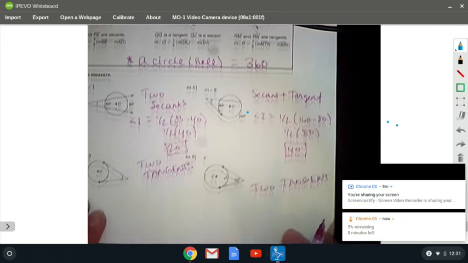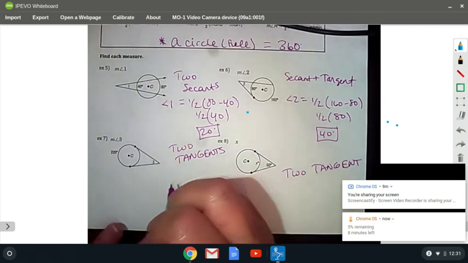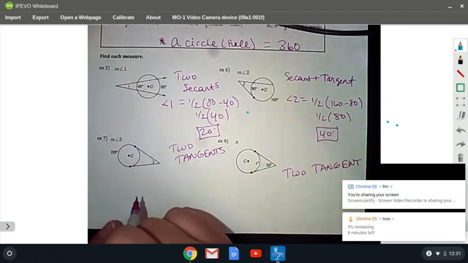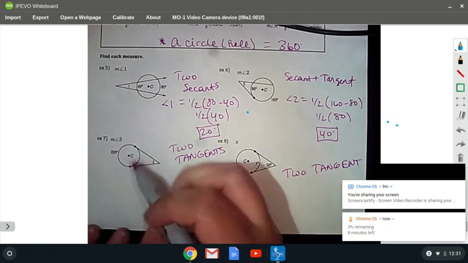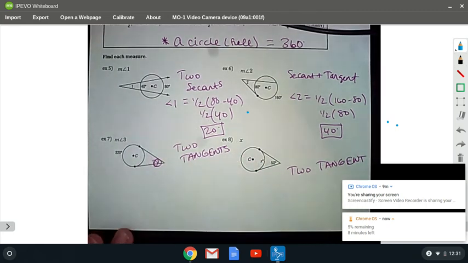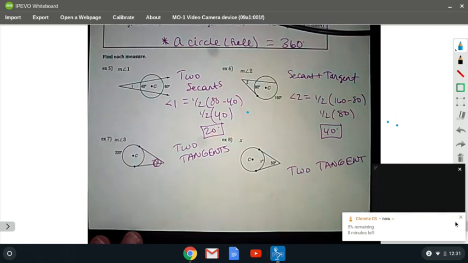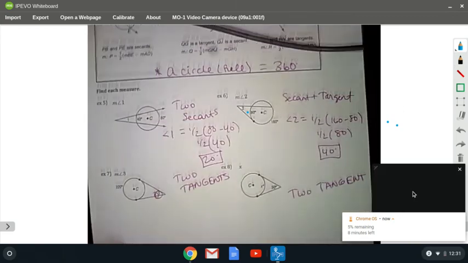Moving down here to our 2 tangent problems. This is where I'm talking about the 360. You are missing an angle 3. You're also missing this small arc. You need to have both of those.